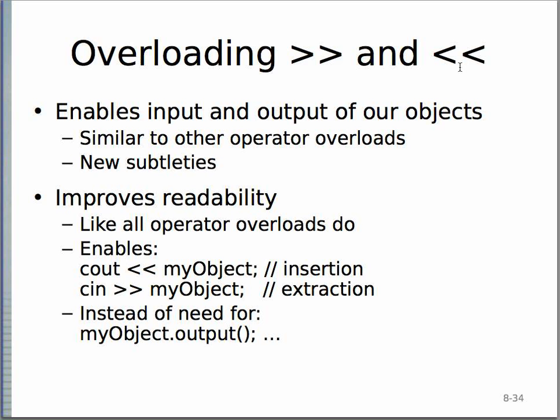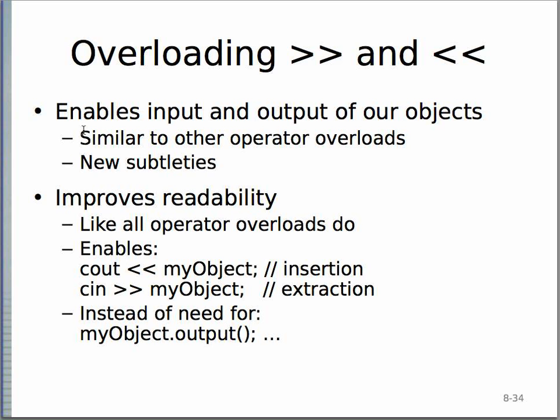We don't have anything like that in Java. In Java we convert objects to strings and print them out, or we use serialization, which uses some binary representation of objects. Here it's a little bit more customizable, but the idea is that we want to use input-output operations on objects.